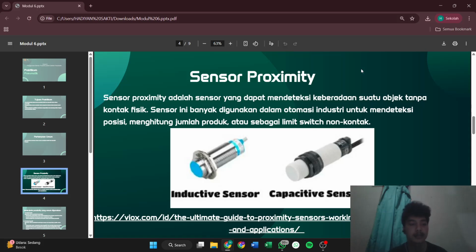It is widely used in industrial automation, such as for detecting pneumatic cylinder position, product counting on a conveyor system, automatic door mechanism, and as a non-contact limit switch. Because it works without touching the object, proximity sensors are more durable and safer than mechanical switches.